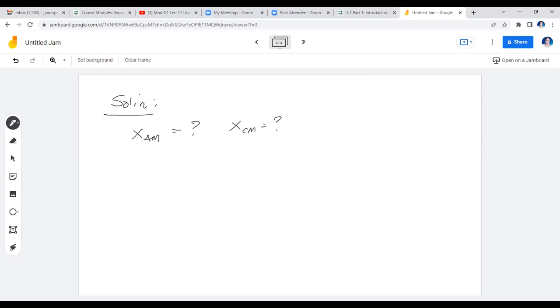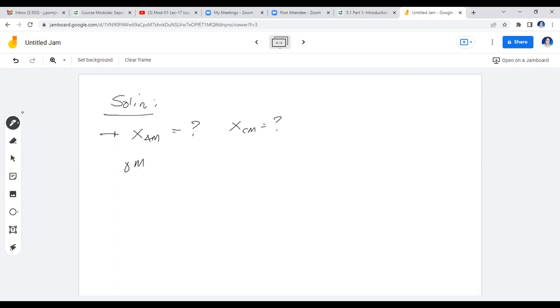Since we're more interested in the solute, we'll have the X sub AM. How do we determine this X sub AM? We will, of course, use the material balance equations. This is the thing that we are interested in.